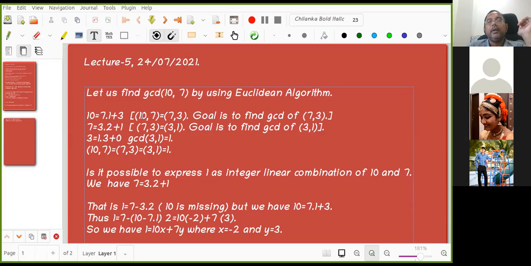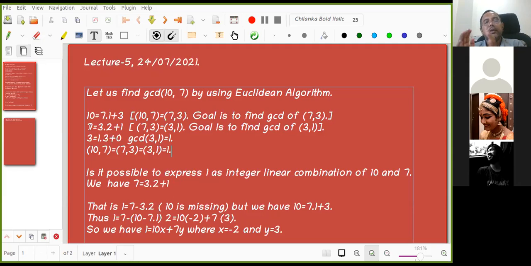So the goal now boils down to finding the GCD of 7, 3. Again, I will write 7 is equal to 3 into 2 plus 1. So the GCD of 7, 3 is equal to the GCD of 3, 1. So the GCD of 10, 7 is equal to the GCD of 7, 3, which is equal to the GCD of 3, 1.